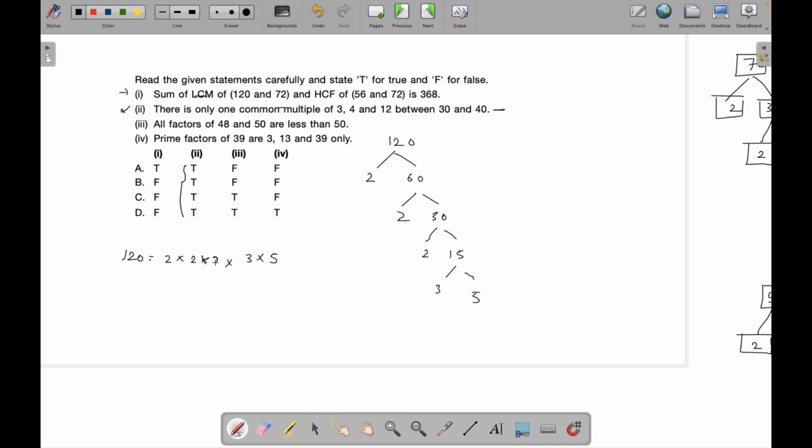Then I have to build the factor tree for 72. So 72 will be 2 times 36, then 2 times 18, 2 times 9, and then 3 times 3. So 72 is 2 times 2 times 2 times 3 times 3.